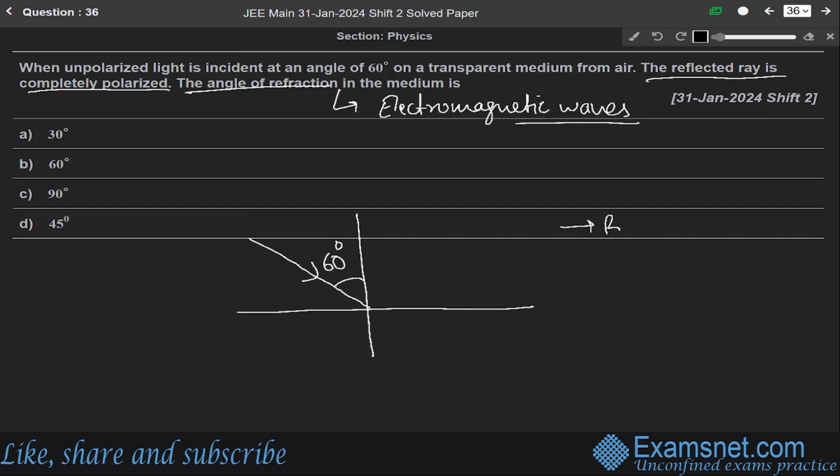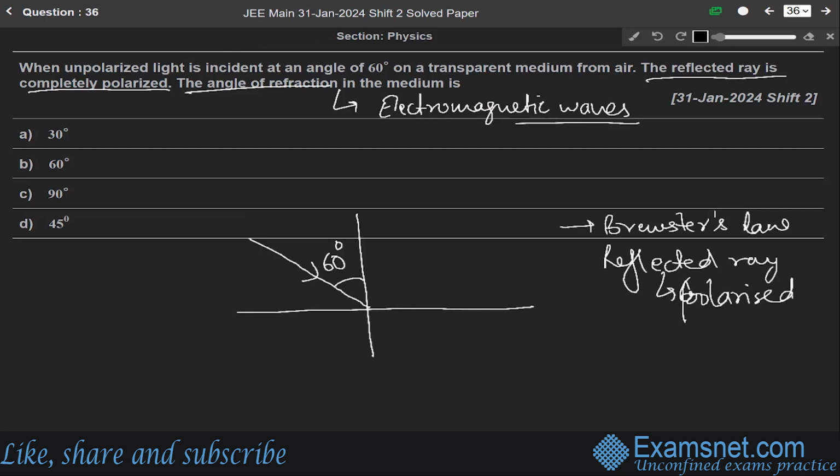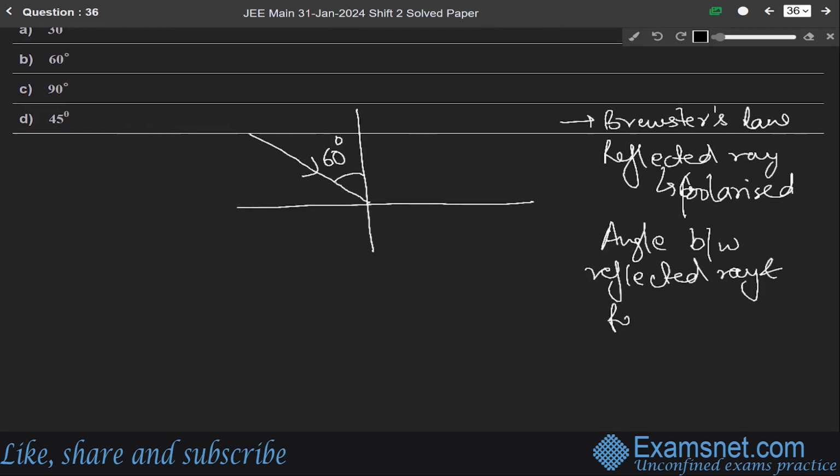See, this is directly from the concept of Brewster's law. According to Brewster's law, when the reflected ray is completely polarized, the angle between the reflected ray and the refracted ray will be 90 degree, which means they are perpendicular to each other.